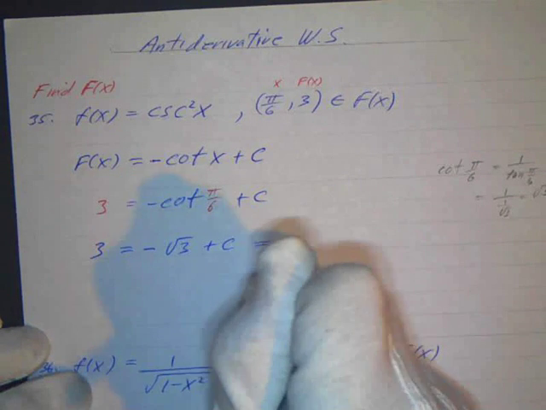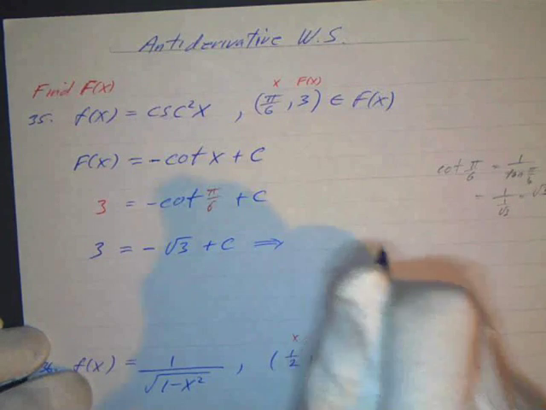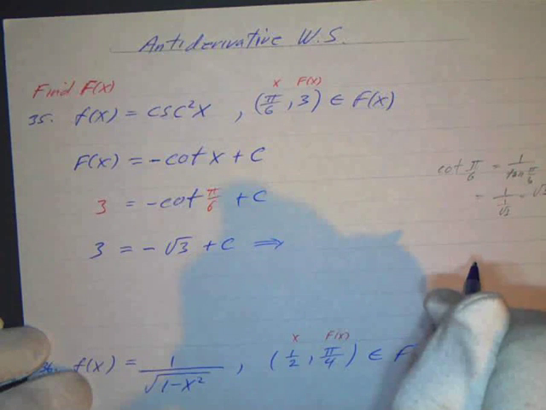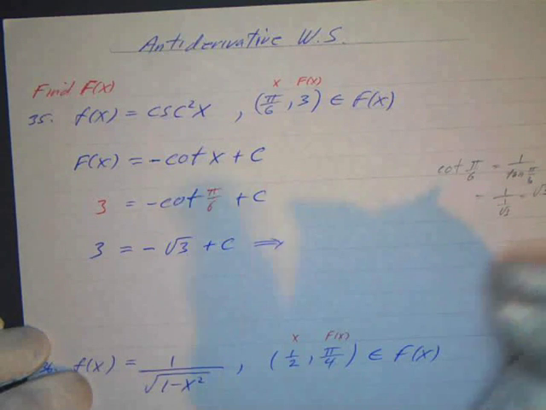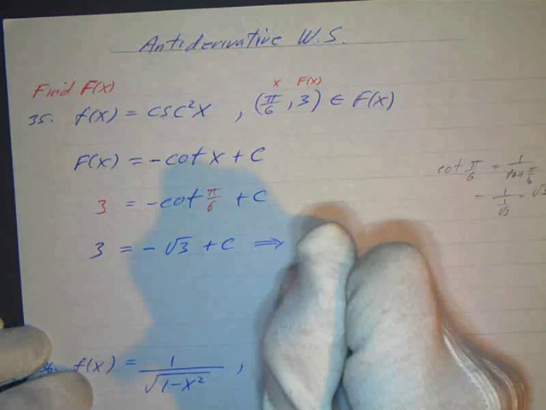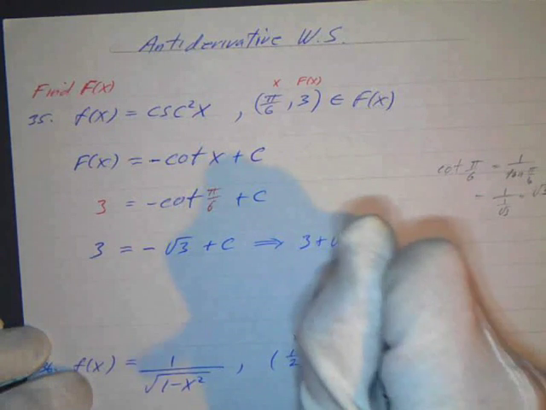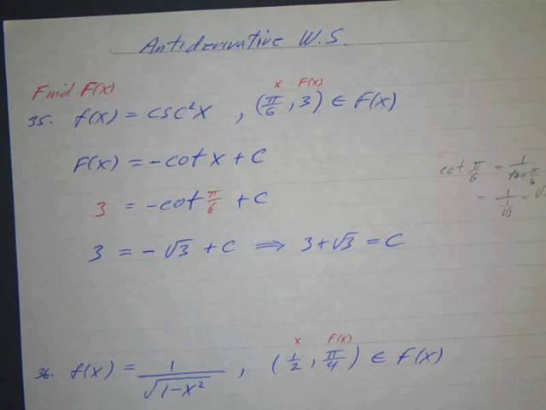And that would imply, if I add that to both sides, that 3 plus the square root of 3 equals c.